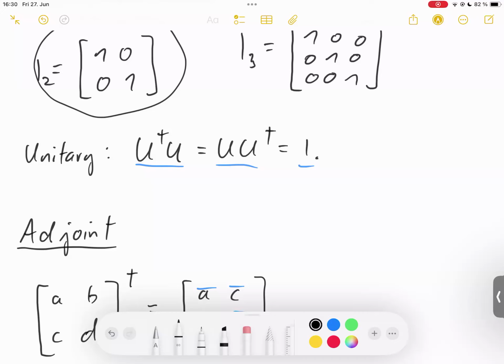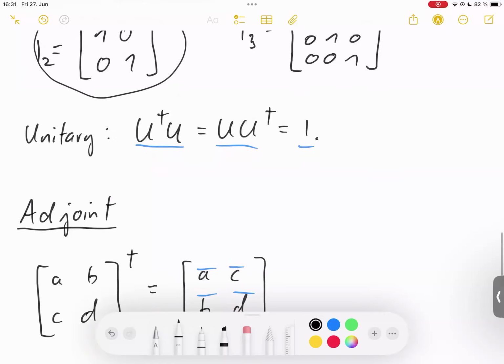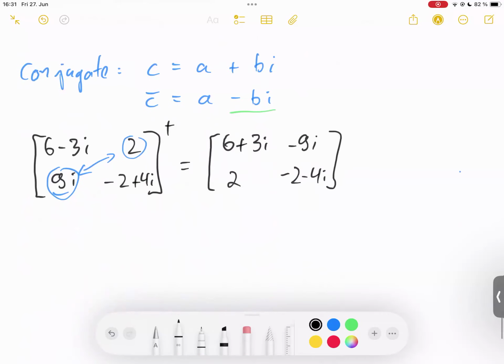And with unitary matrices, we can do this because if we apply U and then U dagger, so the adjoint, what I get is the identity matrix, the neutral element, so to speak. So that allows me to undo operations. It's a new way of thinking because you haven't come across reversible computing a lot, I guess, before. But here in quantum computing, it's an essential foundation.